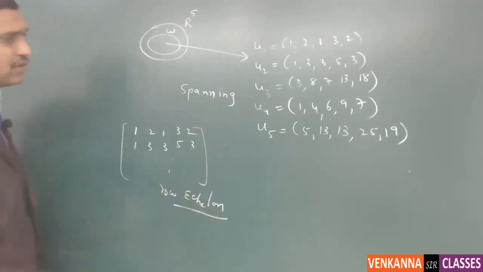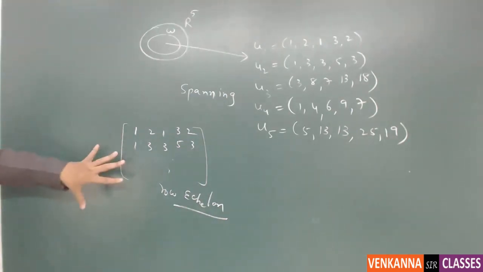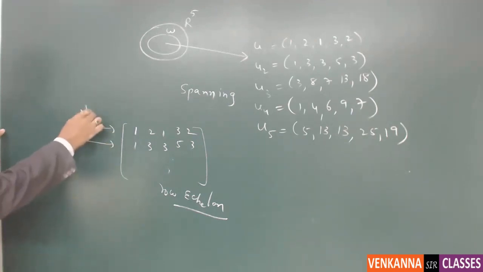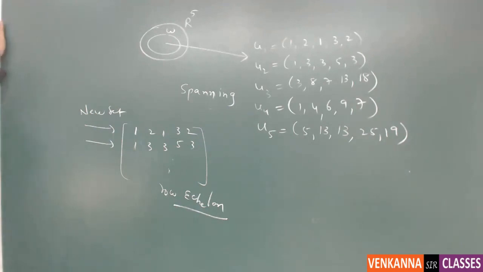From that, you eliminate the dependent vectors, and you get a new set of vectors from the rows, which are a basis for the vector space. From that you get the dimension. That is the procedure we usually follow.